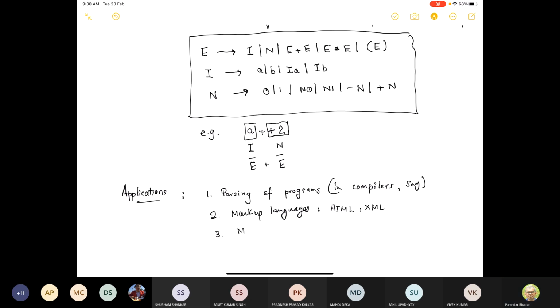Finally, model of software. Why is it important here? Because recall that in a program, you will have functions or what are called functions or procedures or subroutines. And these call each other.